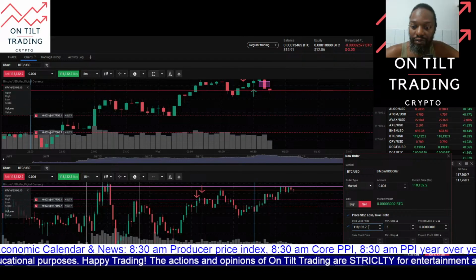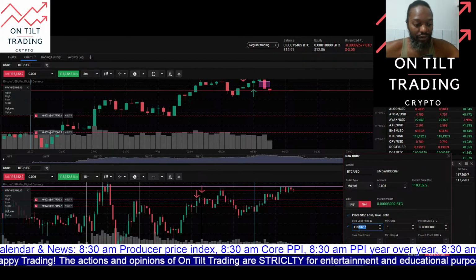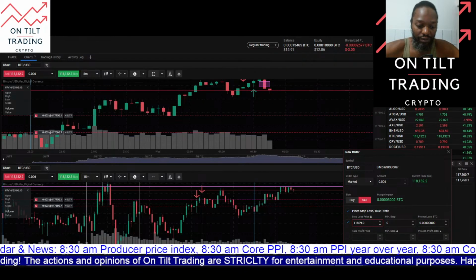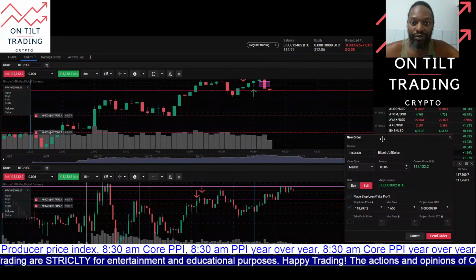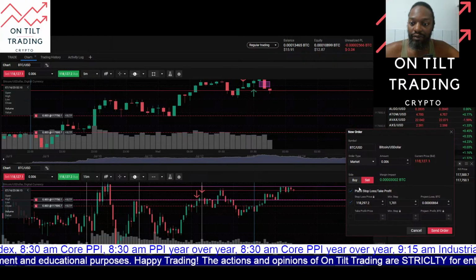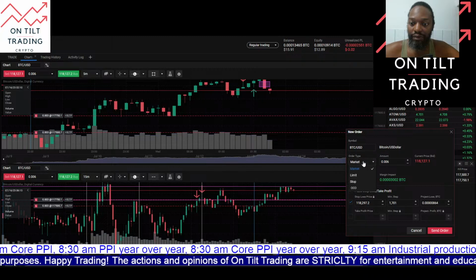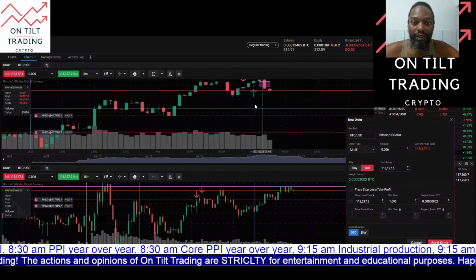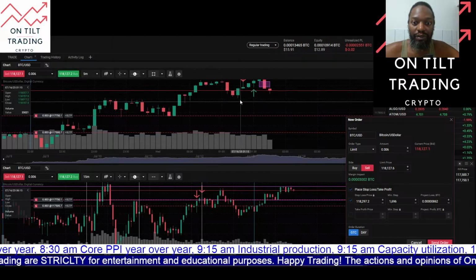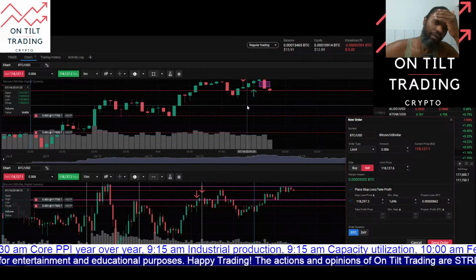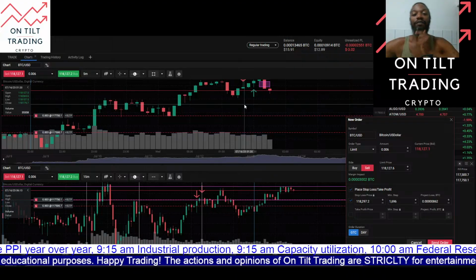118.297.2. This will be my stop for sure. Then my entry will be either one of these two candles here. I'm going to wait for price action to play out first.